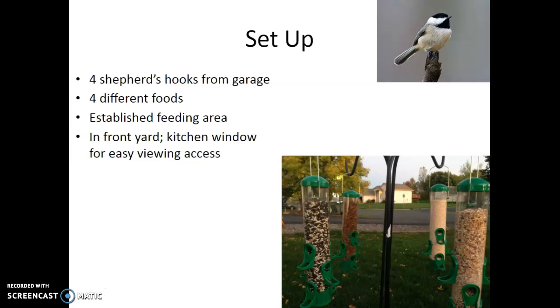This was right in front of our kitchen window, so I could sit down and observe pretty easily in the morning and evening. There were shrubs nearby on the west side of the yard, and a basswood tree to the south side. So there was a little bit of nearby shelter birds could go to and feel kind of protected and safe.